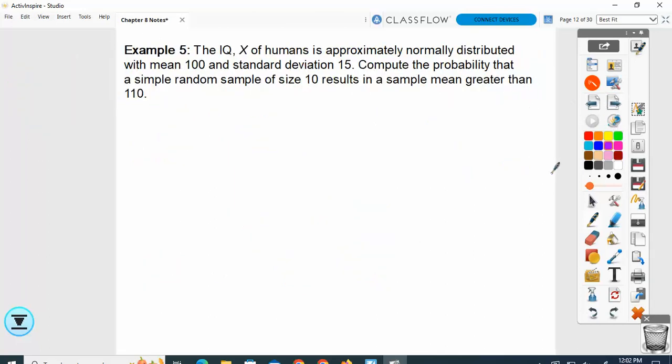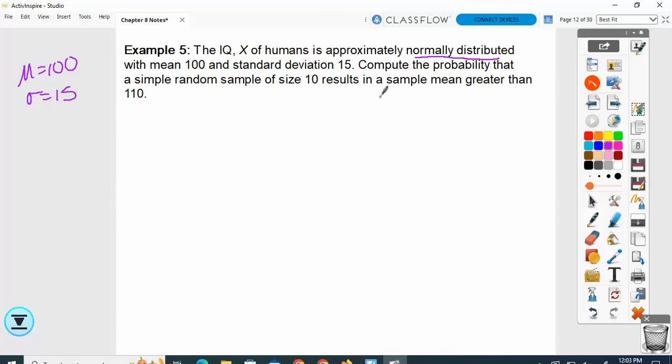Let's look at another. The IQ of humans is approximately normally distributed. Notice I'm always telling you it's normally distributed, which is what allows me to use the normal distribution. The mean is 100. Standard deviation is 15.